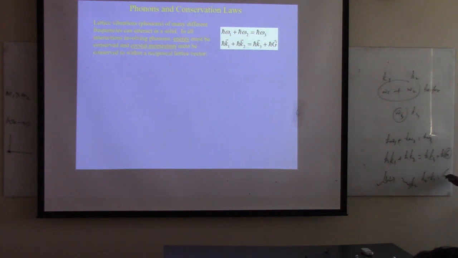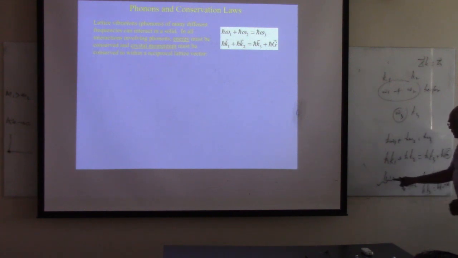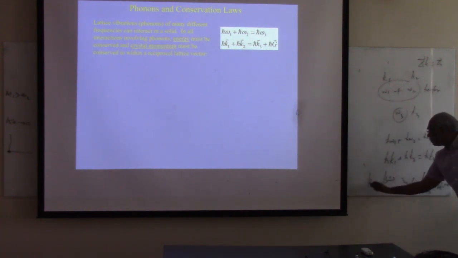So that means you have h cross K2 equals h cross K1 plus G, right? It's something related to that. So this difference in your K vector is really Bragg's law, right? Delta K equals G is somewhat similar to that one, but this is for photons.